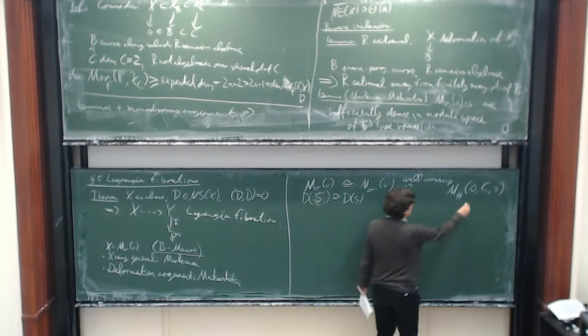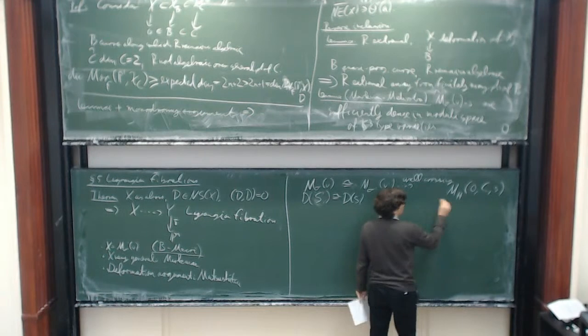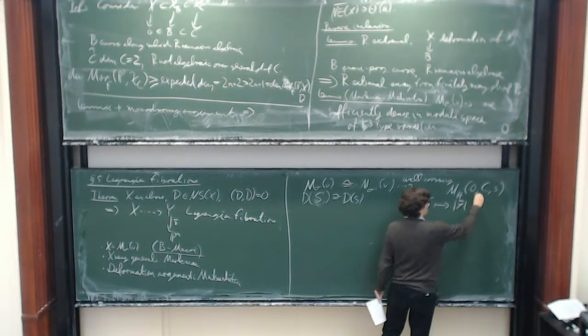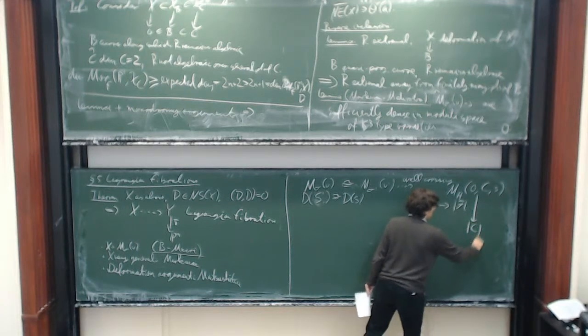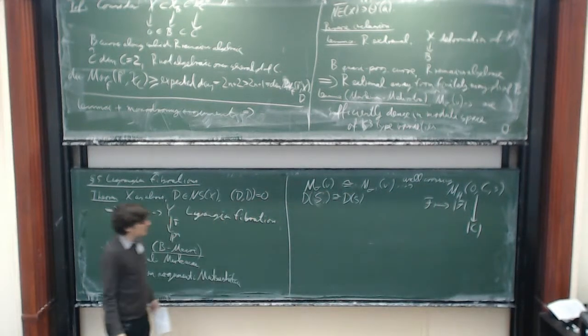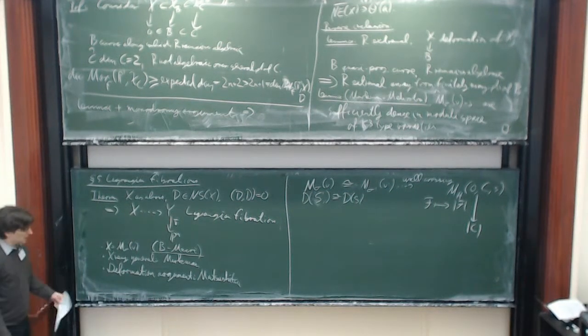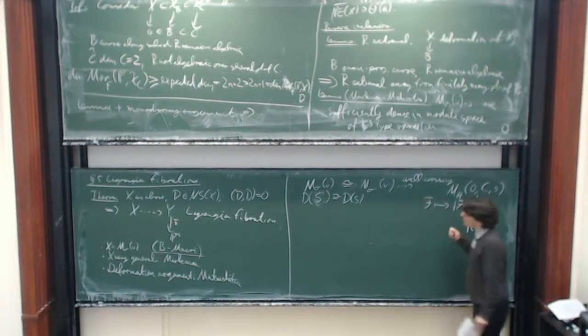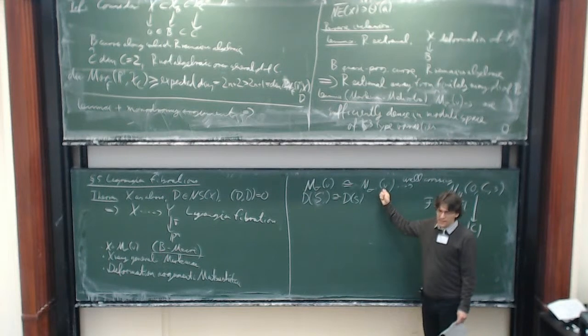And of course here I have the support map, right? So this always has a map to the linear system associated to C, given by the Beauville-Mukai, or Beauville integrable system. And again, note that these are dense in the moduli space.